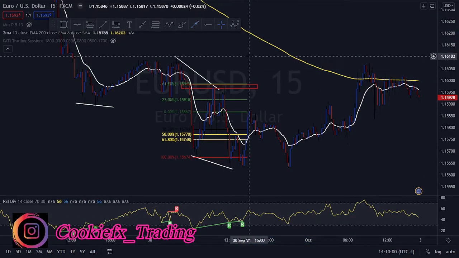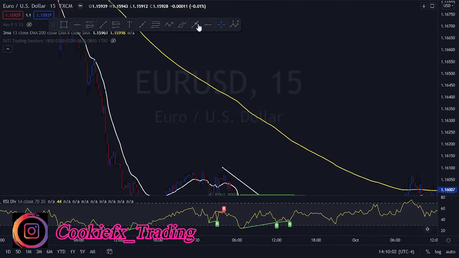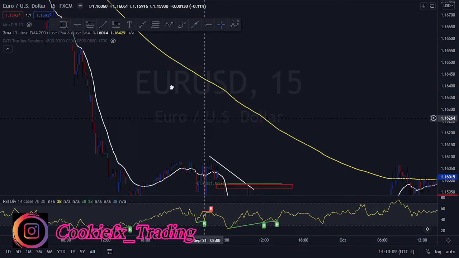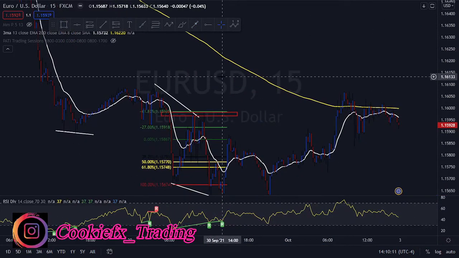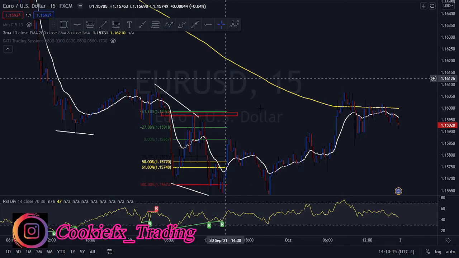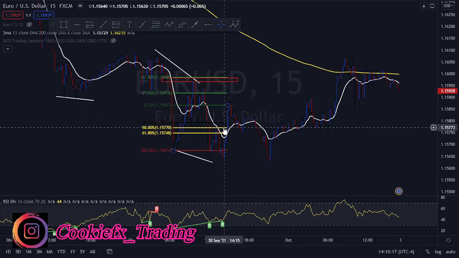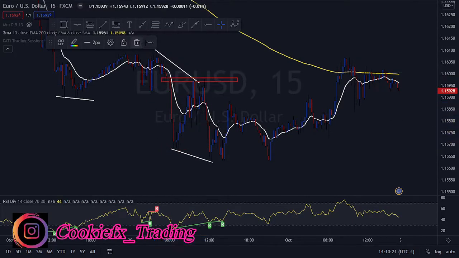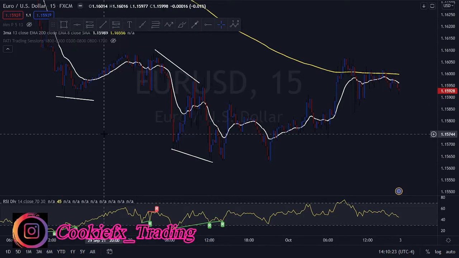This has nothing to do with this video, but the 200 EMA is on a downtrend, so you should naturally be looking for sells, not buys. That's why people who try to counter trend this move ended up getting stopped out if they didn't take the majority of their TP off.